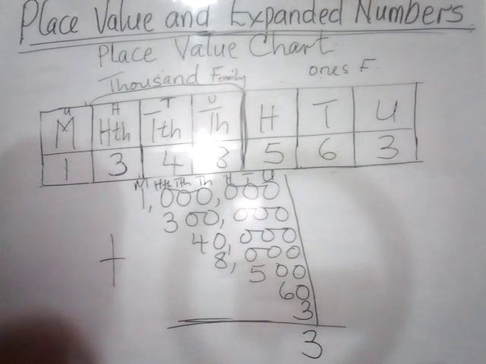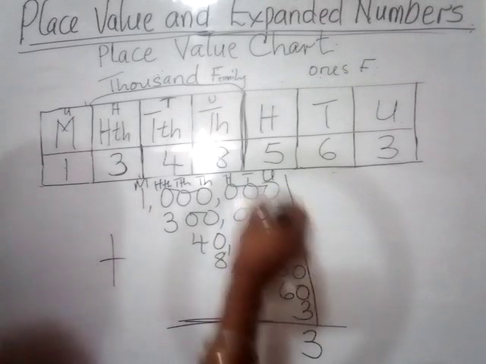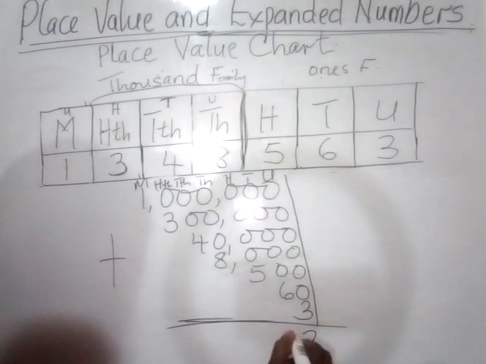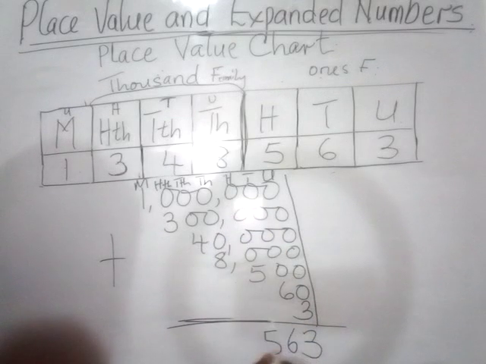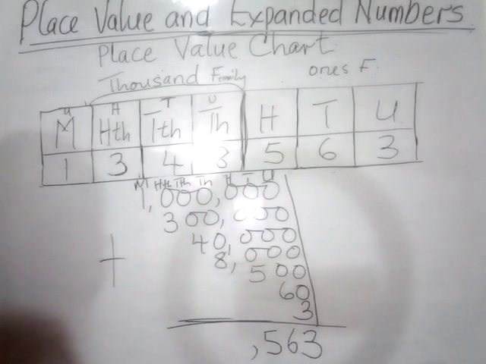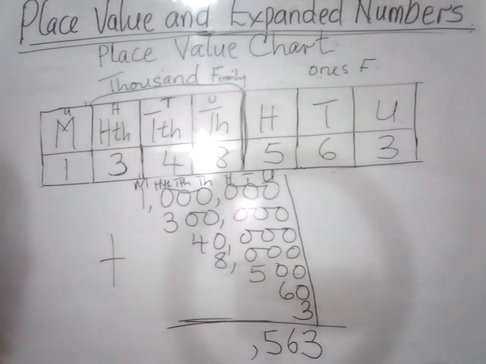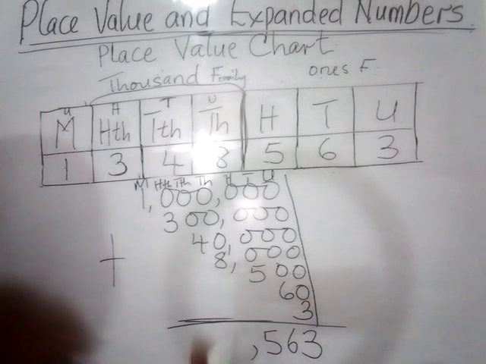So 0 plus 0 plus 0 plus 0, you have 3. 0 plus 0 plus 0 plus, only 6 is here, you have 6. 0 plus 0 plus 0, only 5, you have 5. Comma, don't miss your comma. Remember, after every 3 digits, you apply your comma when you're coming from the right towards the left.